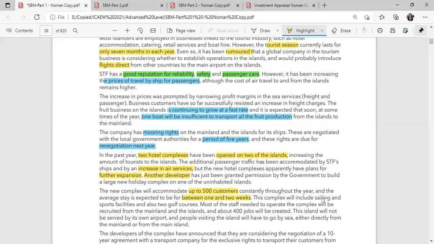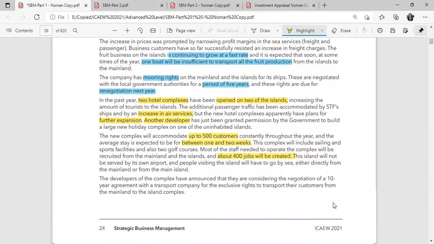This complex will include sailing and sport facilities and also 2 golf courses. Most of the staff needed to operate the complex will be recruited from the mainland and the island, and about 400 jobs will be created. A lot of employment opportunities are there. Earlier, we were just talking about agriculture and a tourist destination, but now as new hotels and new complexes are going to be there, there will be a lot of businesses.